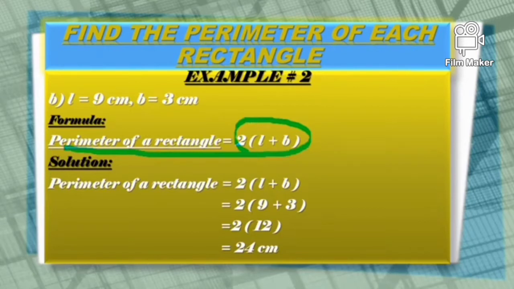Now put the values of length and breadth in the formula, 2 times (9 plus 3). According to BODMAS rule, first solve the bracket. 9 plus 3 is equal to 12. Then multiply 12 by 2, we will get 24. Now 24 centimeter is the perimeter of a rectangle.